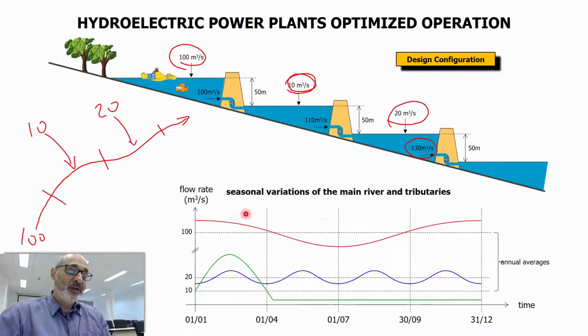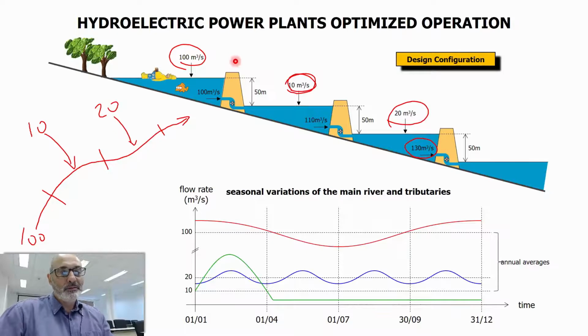So we're going to assume that the main river has a slow variation around 100, and the other tributaries, I don't remember which one is which, but one of those will have a higher frequency variation as this one, and let's say the green tributary will vary a lot in the first months of the year, and then it's going to remain stable through the rest of the year. We're going to give proper definitions to these variations. But that's the case here.